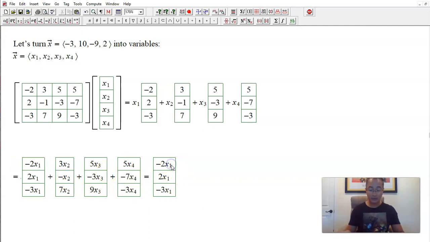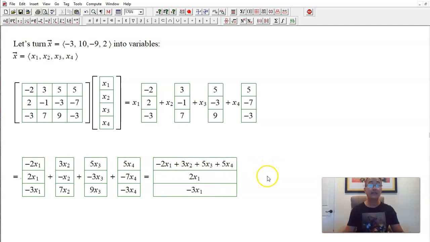So we have minus 2x1 plus 3x2 plus 5x3 and plus 5x4. Okay, so that's the first entry, and I'm going to do the rest for us to save a little time.